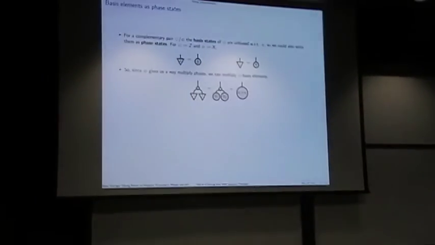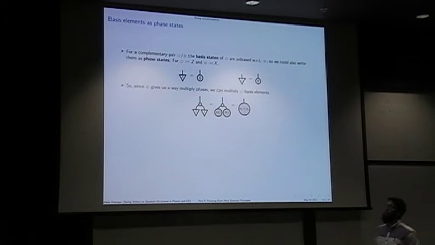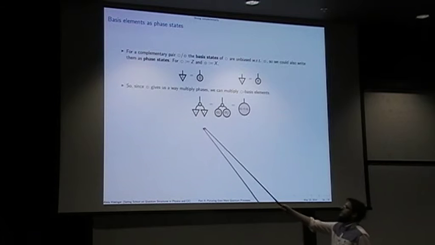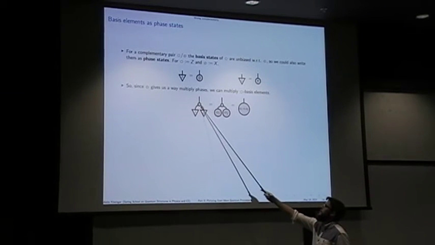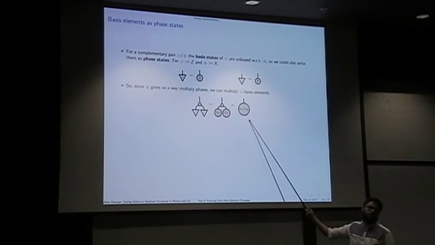So since the gray dot gives us a way that we can multiply phases, it gives us this phase group structure. It also gives us a structure on the basis states of white. But this doesn't necessarily need to be a group structure. In fact, for general unbiased bases, if I take two arbitrary basis elements and multiply them with each other, there's no reason I would expect to get a third basis element back.